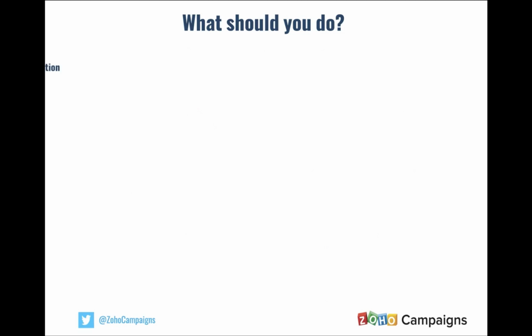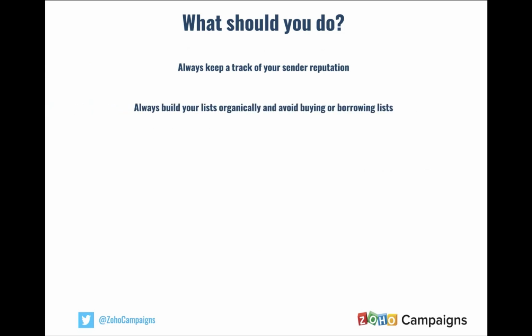So, what should you do? Always keep track of your sender reputation. Always build your lists organically and avoid buying or borrowing lists. As I have said, your sender reputation is very important in email marketing, and any kind of damage to the sender reputation will affect your email marketing methods.